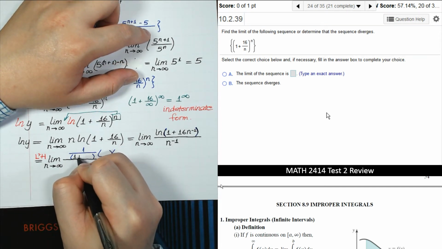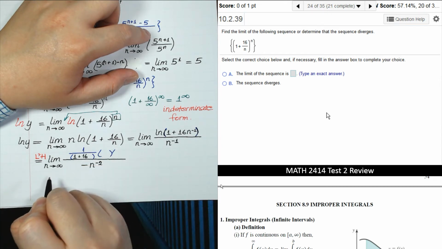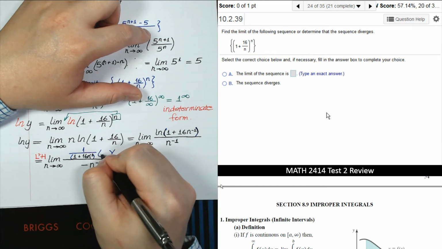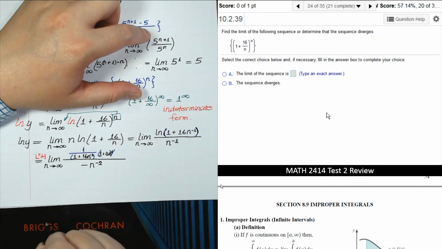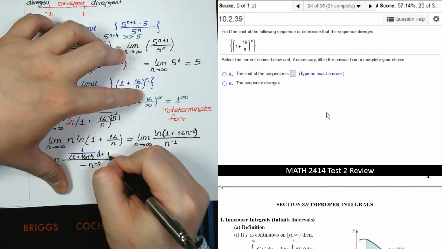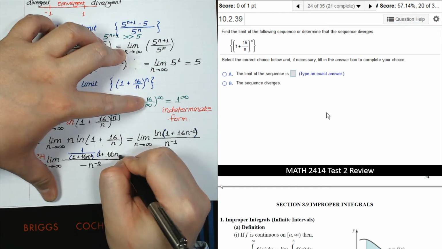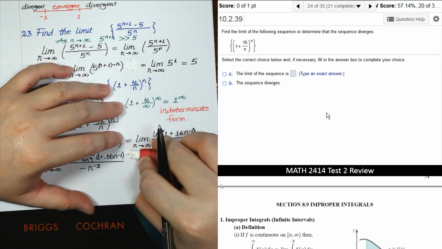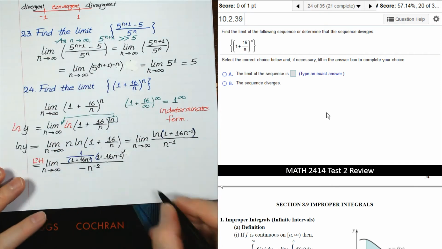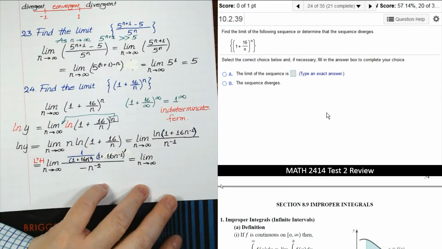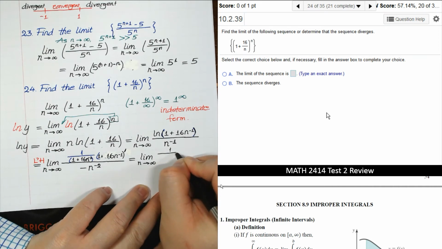And now we have 1 over 1 plus 16 n to the -1.